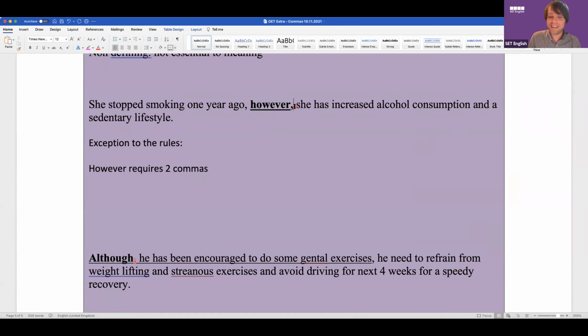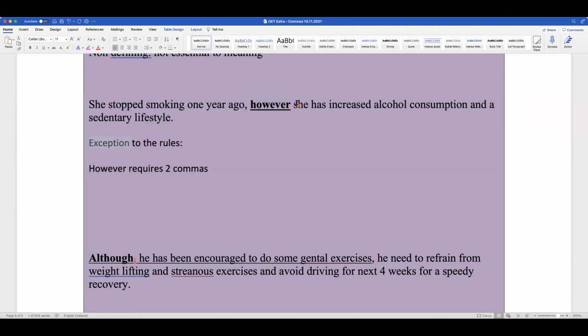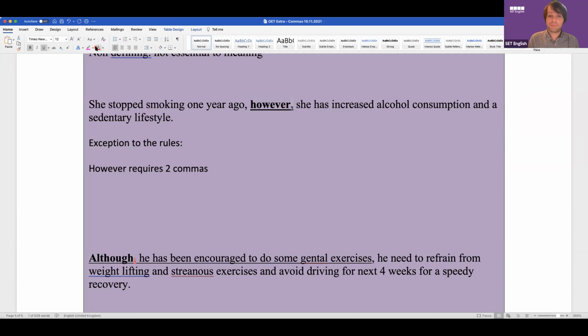So if you have a conjunction, it should be like this usually, but we have an exception to the rules just for this word. What does that mean, exception, guys? It's unique. For some reason, English people, Americans, Australians, all of them, they will put 2 commas for this conjunction, only for this one.